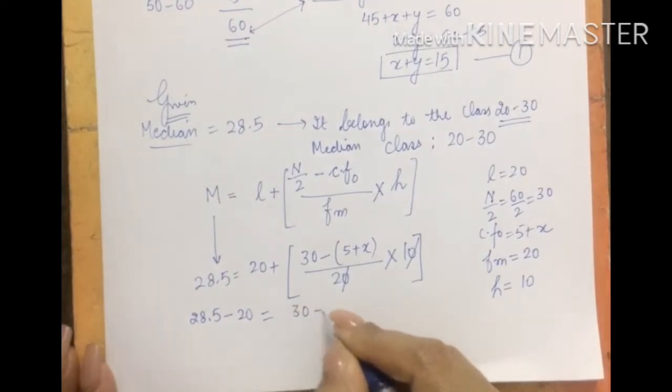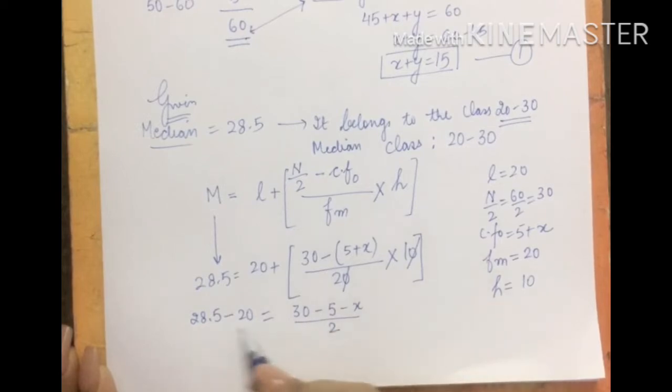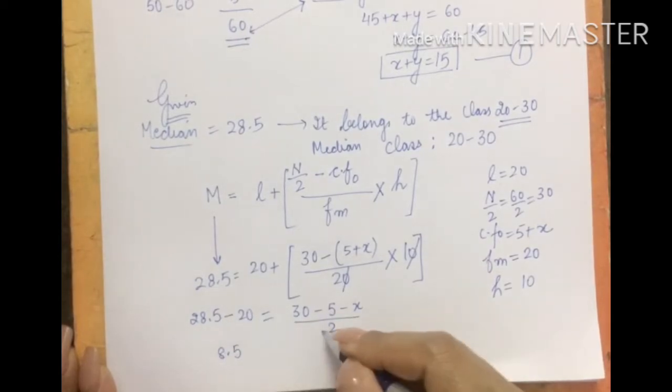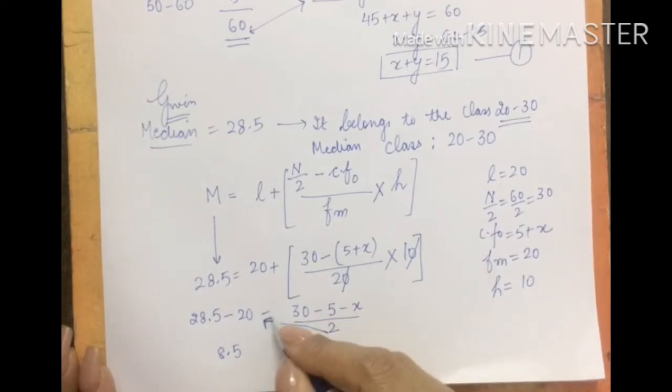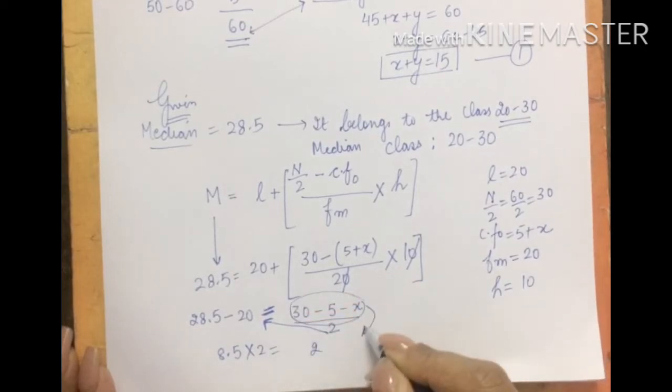So this becomes 30 minus, opening the bracket, over 2. So this becomes 8.5. Let's transpose this 2 to the other side. It will be multiplied over here. On this side, this becomes 25 minus x.